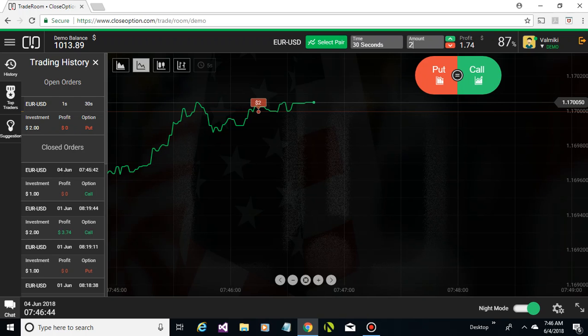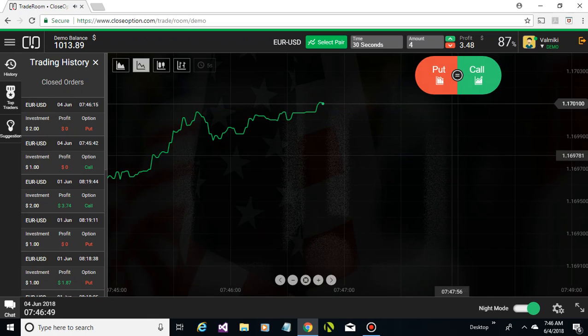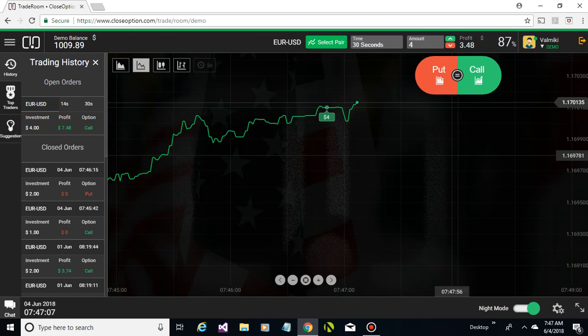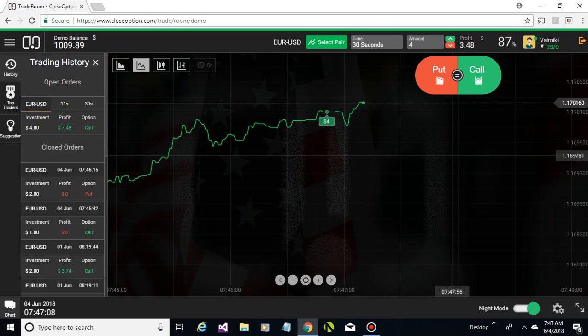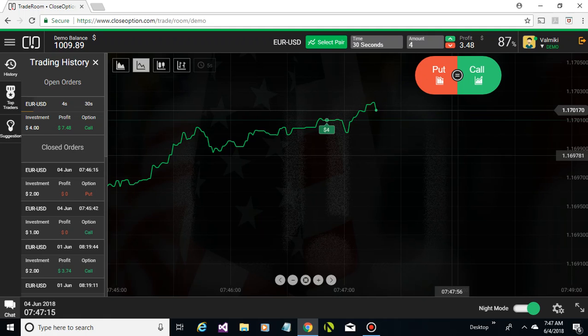So keep our fingers ready, and we're going to go for a call and go for $4 because that's the third progression. The first three progressions are going to be the same as roulette: 1, 2, and 4. It's only the fourth progression which is slightly higher. Instead of 8, we're going to go to a 9, and from a 9, it's not an 18, but a 19, because remember, we have an 87% winning percentage.